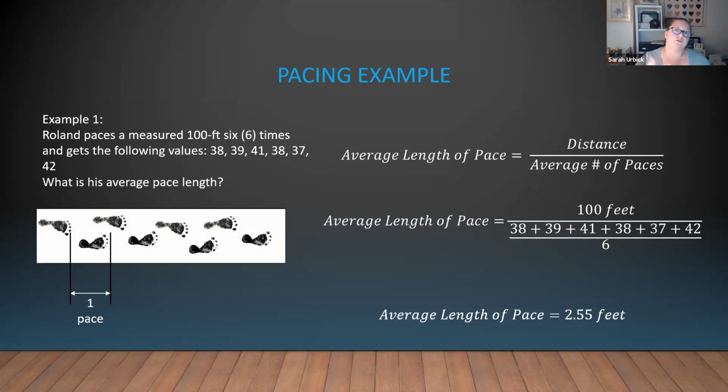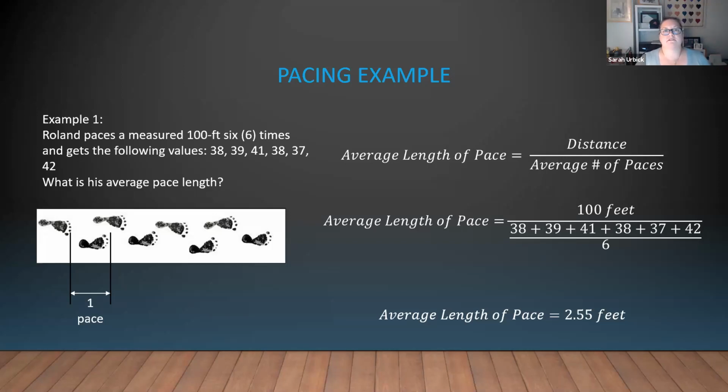We are careful to make sure that our stride stays the same, that we follow the same rhythm of one foot in front of the other. We try and keep that consistent. No skipping, no running, no hopscotch, a nice steady walk. That's how we measure our pace. So he's got those counts.